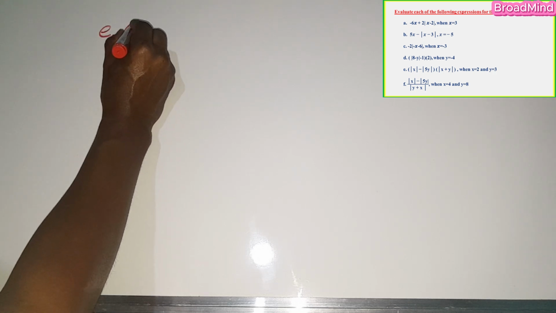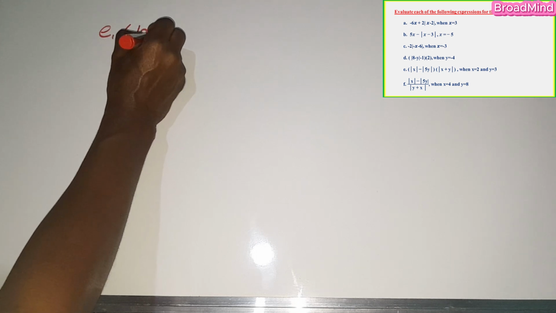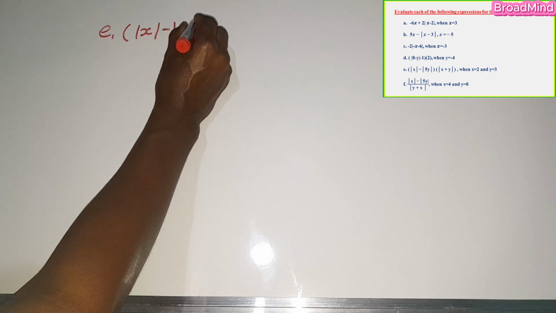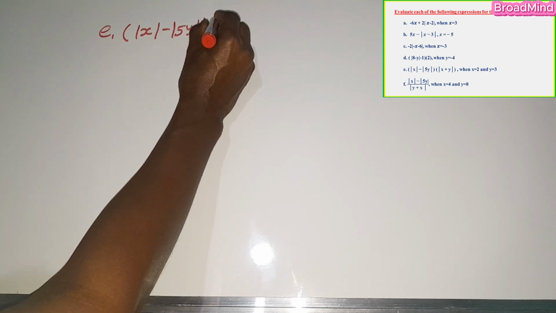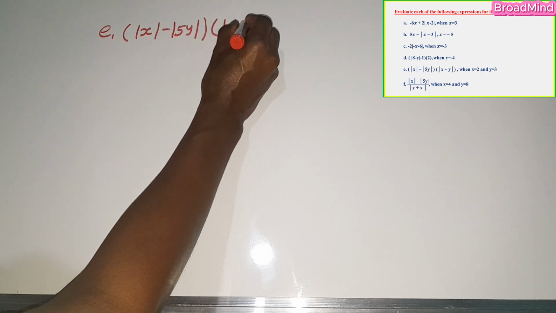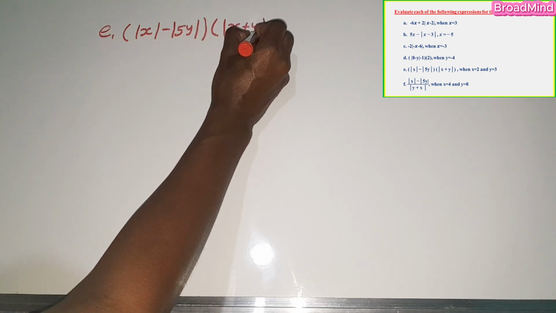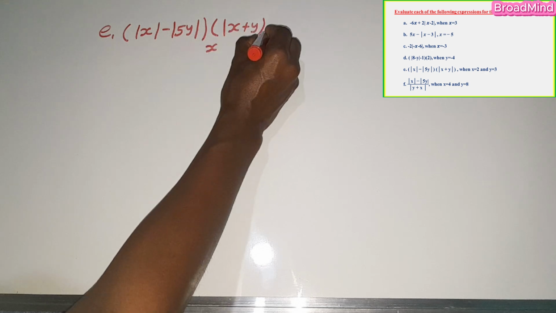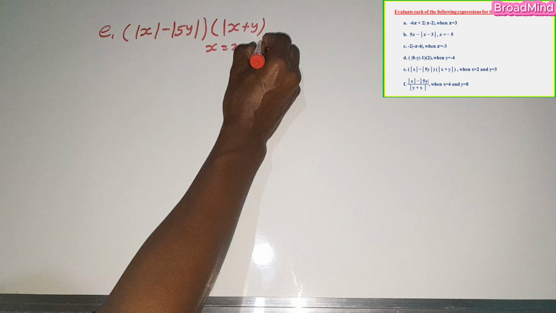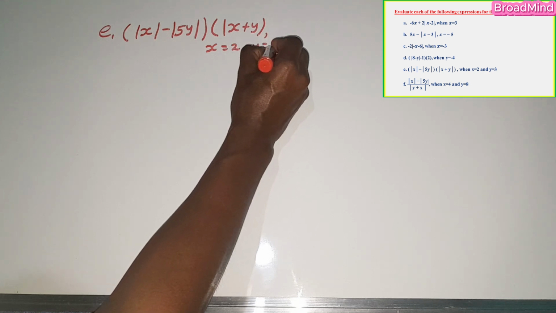In the bracket, absolute value of x minus absolute value of 5y, close the bracket, again open the bracket, absolute value of x plus y, when x is equal to 2 and y is equal to 3.